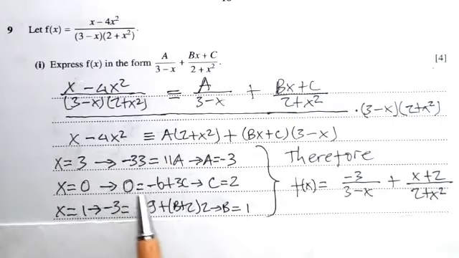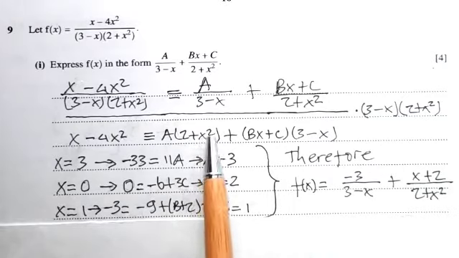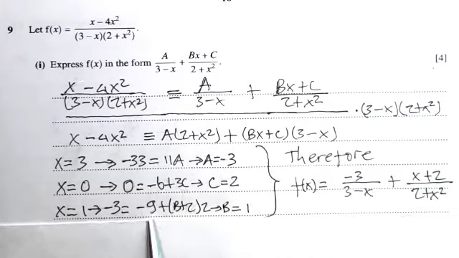Thus the left hand side is minus 3 equals, A is minus 3, times 2 plus 1 times 3, minus 9, plus B plus 2 times 2, thus B is 1.